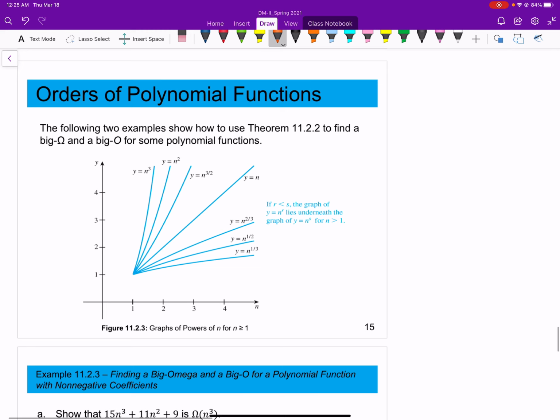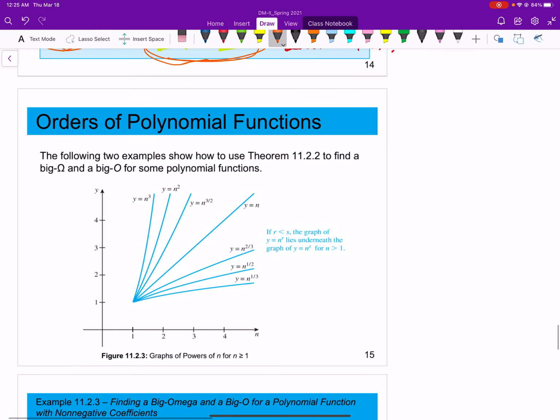That means when the power increases, the graph of y equals n to the power a, where a is the power, grows faster when n is greater than or equal to 1.